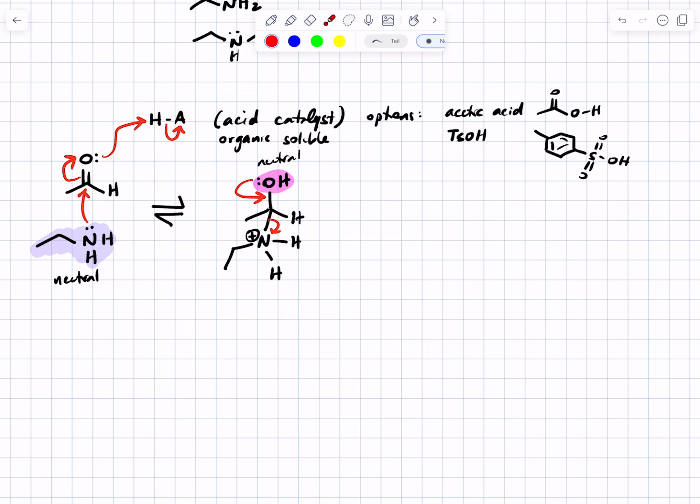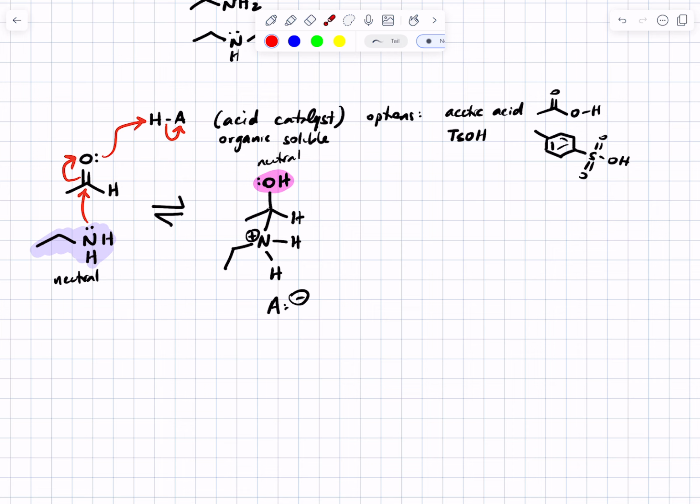Now, because this is an acid-catalyzed reaction, I should draw the conjugate base of our acid here. And ultimately, we need to regenerate our acid. And so what will happen next, if we want to, of course, the oxygen could kick back down and kick off the amine as a leaving group. That would be the backward step.